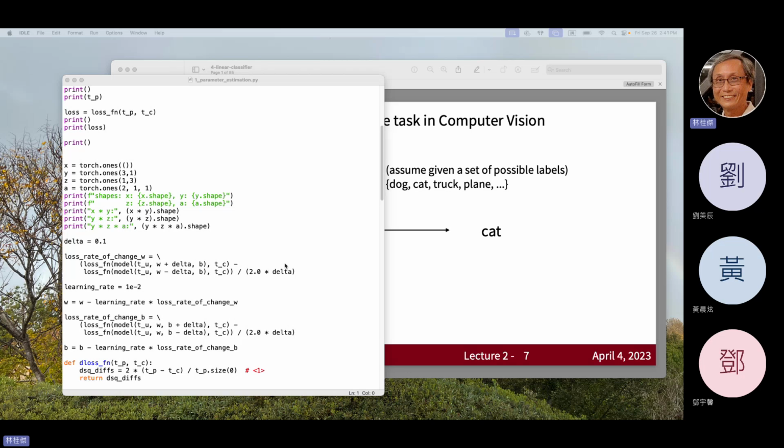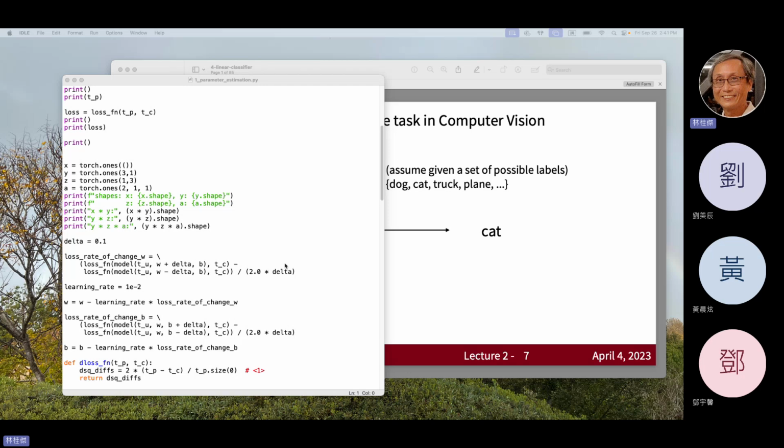Learning rate just means that I know that if I move the W in this way, you're going to see so much of the loss change. But that kind of change may be too much. I want to do it slowly, so I will use a learning rate, which here is 1e minus 2. E to the minus 2 means 1 over 100, so it's going to be 0.01.